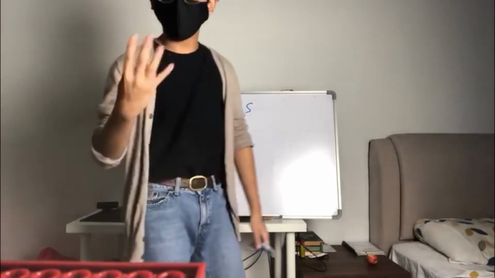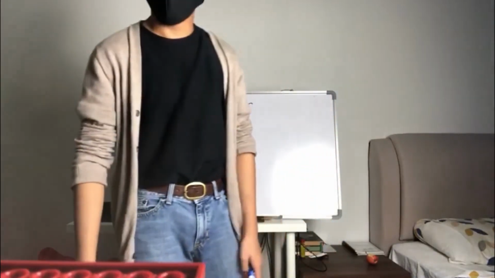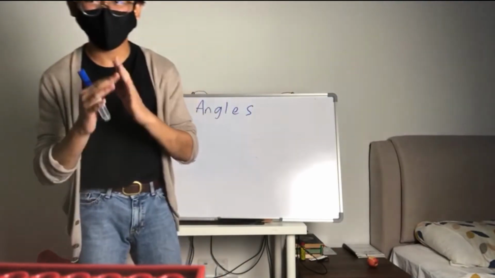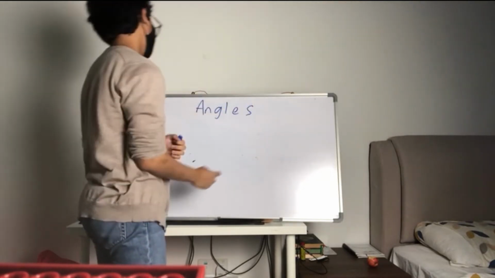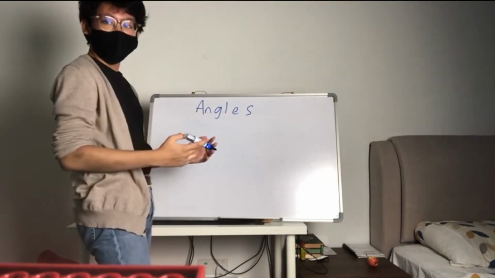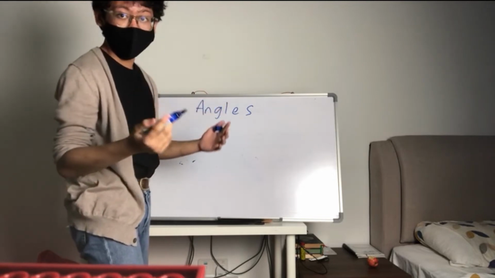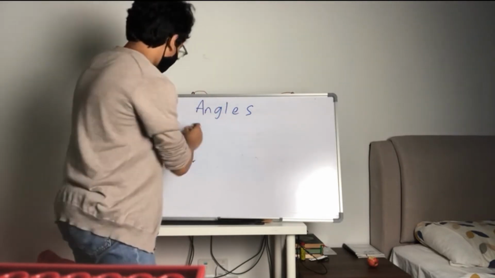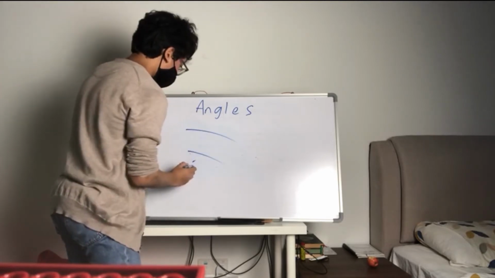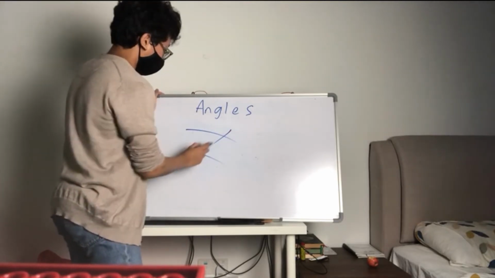So now we're talking about the 4 types of angles on parallel lines. The first angle we'll be talking about is called alternate angles. Alternate angles are angles that are located in the letter Z, or in cases they are close to Z. For example, this is a parallel line and this is the transversal.